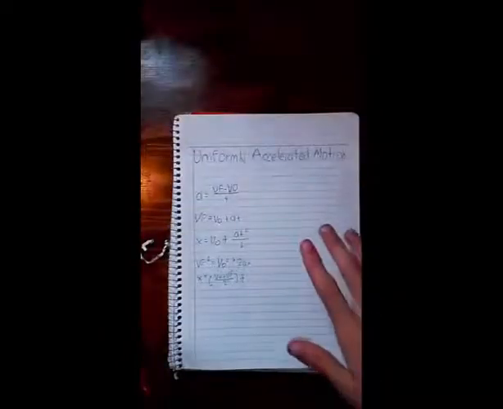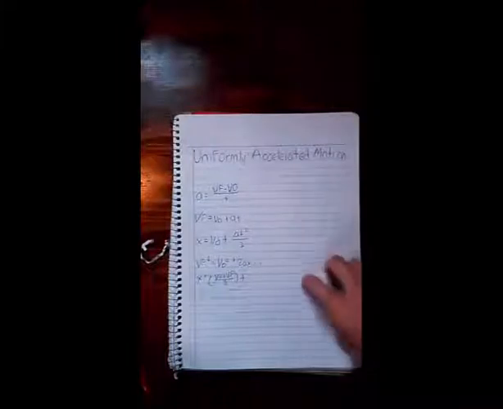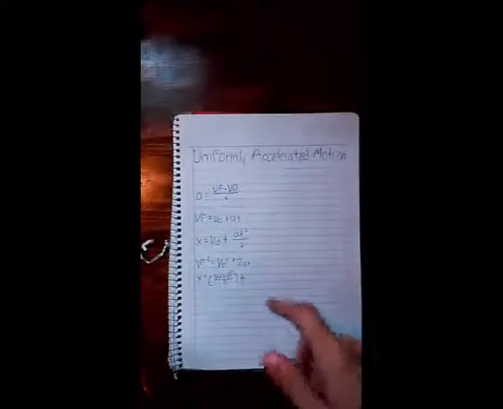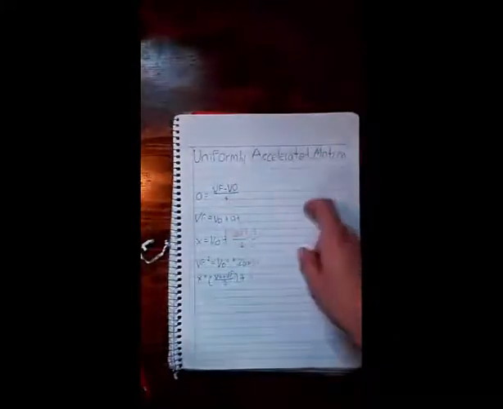In uniform accelerated motion, we have different formulas that will give us the information that we need to know what is the acceleration, movement, acceleration, velocity, distance, and final velocity of a body in movement. In accelerated motion, the body has a constant acceleration in the time.